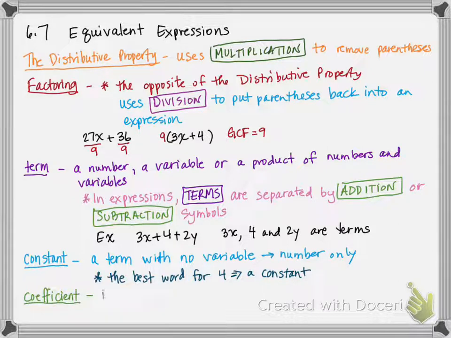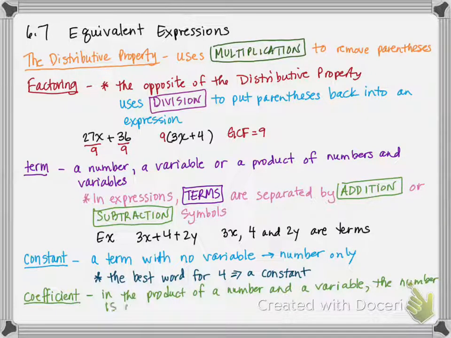So in the product of a number and a variable, the number is called a coefficient.